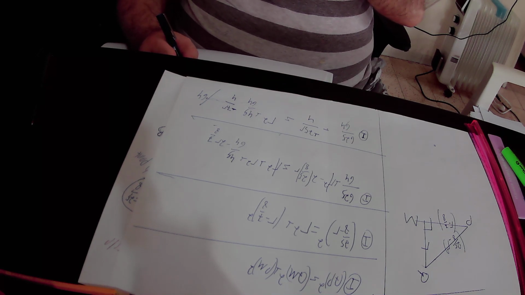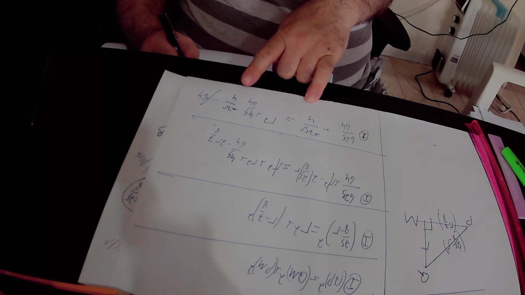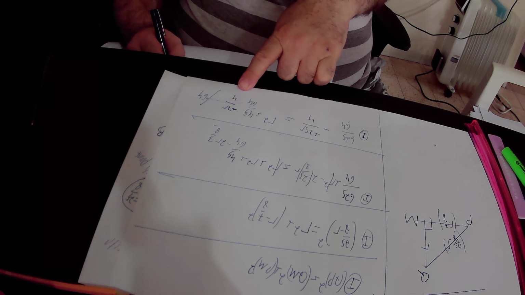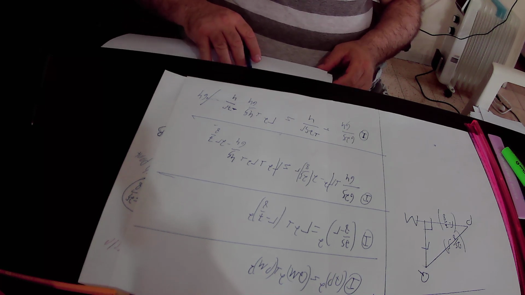And here we have minus 64 over 4, which is minus 16. So this expression in total will be equal to minus 16 times 7r. Okay.